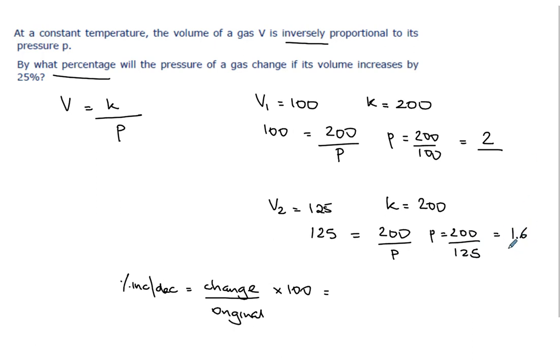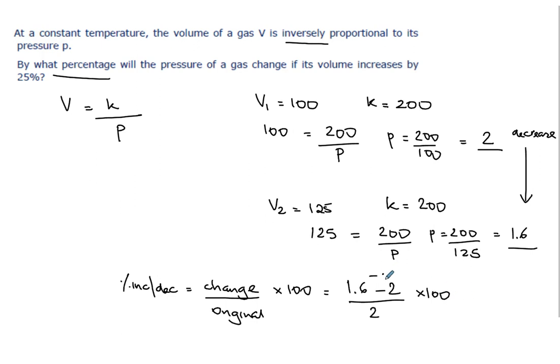All right, so your change is 1.6 minus 2. So you can see it's decreased. Divided by your original, which is 2, times 100, to get your percentage.